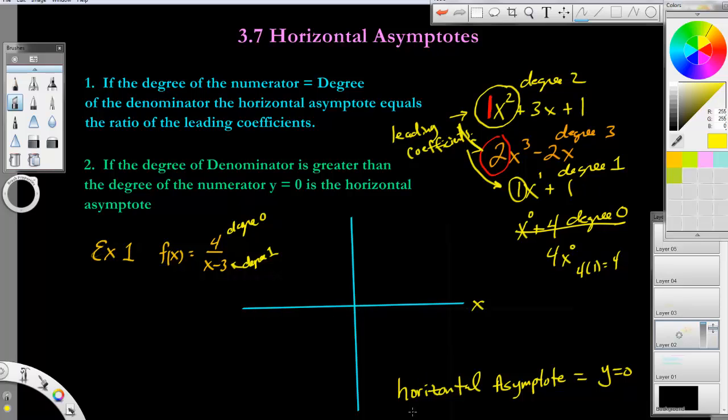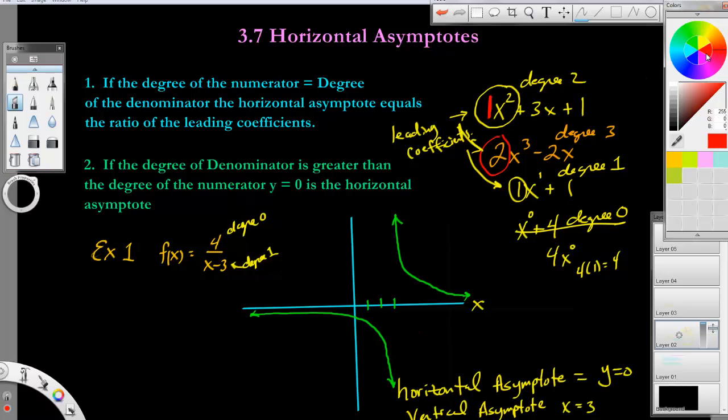It is going to have a vertical asymptote at x equals 3. Let me show you why. If we were to graph this, all right, so I just graphed this, and you can see what the green line looks like. There's a vertical asymptote going right down through here.